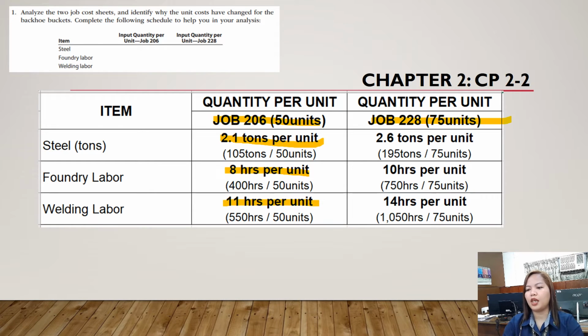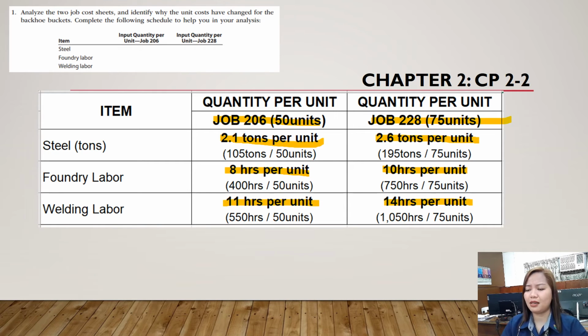For job 228, 2.6 tons per unit, 10 hours per unit for foundry labor, and 14 hours per unit for building labor. I got these results by dividing the steel used and the direct labor hours spent for foundry and building by the units produced.